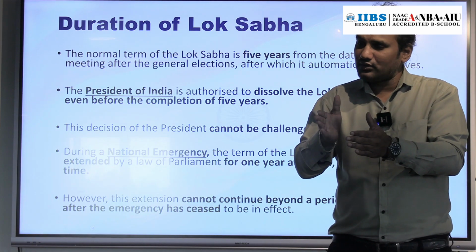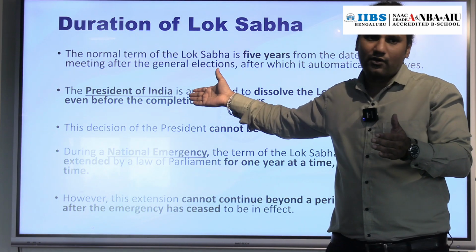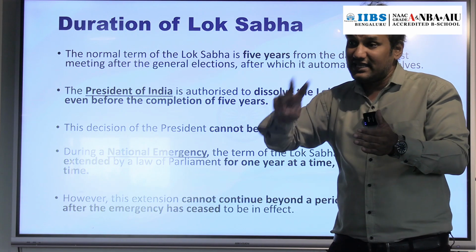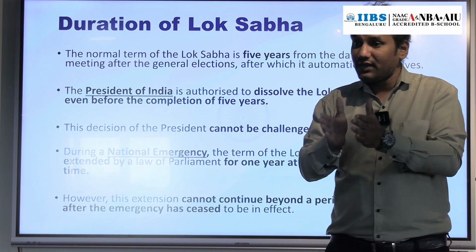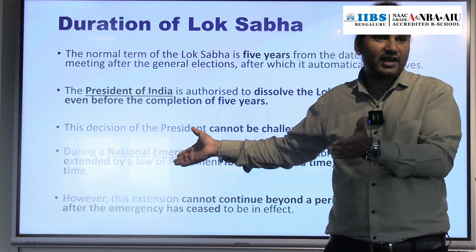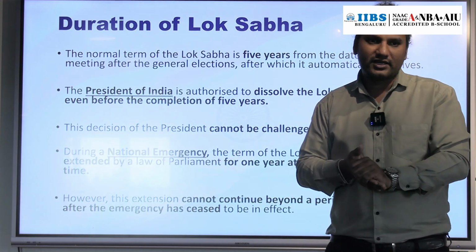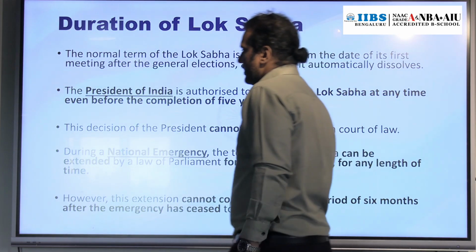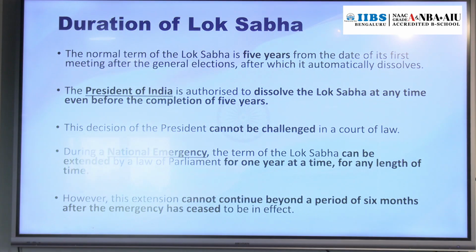So does the life of the Lok Sabha continue till December? No. It will continue till 6 months after the revocation. When did the revocation happen? March. So March plus 6 months means till September. Now you understood? So this is about the duration of Lok Sabha. Understood? Okay.